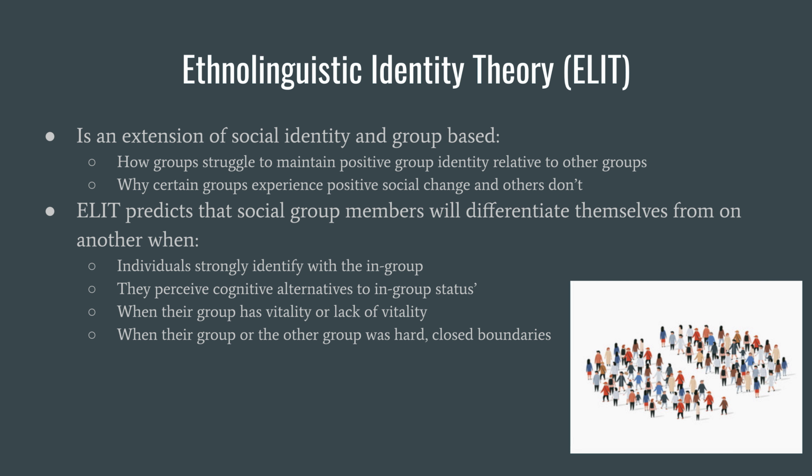They perceive cognitive alternatives to in-group status when their group has vitality or a lack of vitality, and vitality is usually based off of high status, demographics, and also support from institutions. And when their group or the other group has closed and hard boundaries, basically meaning they're not able to express themselves because there's so many rules.